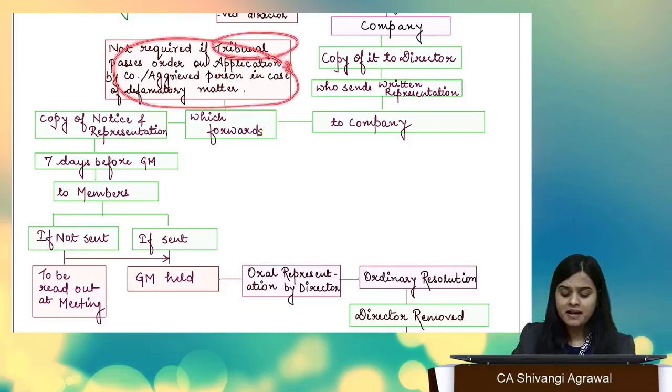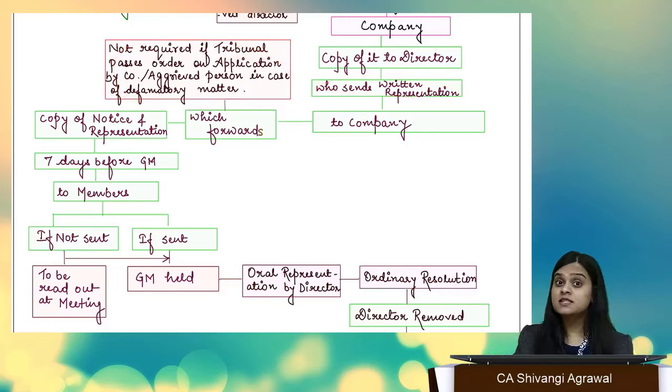So the tribunal might order that there is no need for circulation of this written representation, or reading it out at the meeting, right? So in such case, this written representation may not be circulated. Otherwise, it will be circulated. Fine.